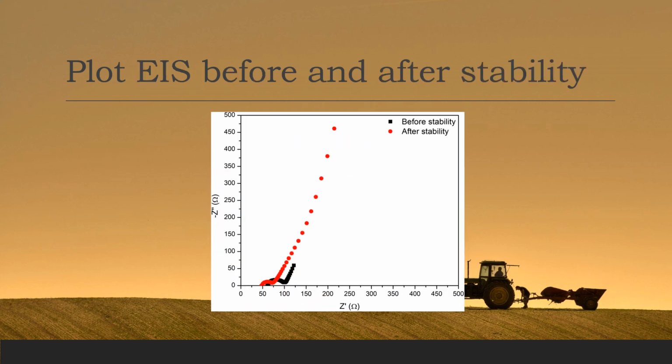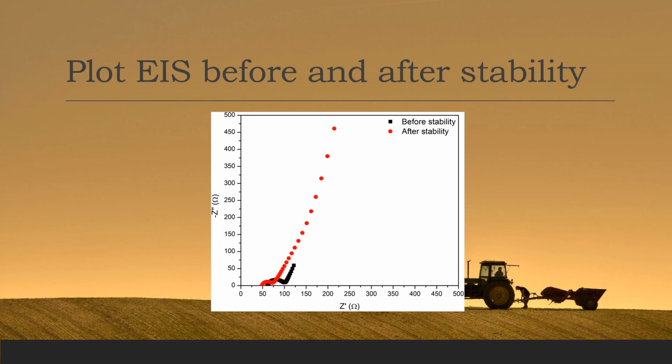Last but not least, you need to plot the EIS before and after the stability. Sometimes the trend varies. Before the stability test, you can see that the semicircle is bigger and the Warburg line is shorter, because of faster electron transport.